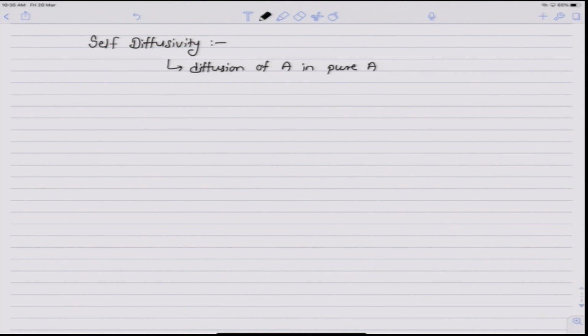Second diffusivity is called the impurity diffusion coefficient. This is also referred to as solute diffusion coefficient.